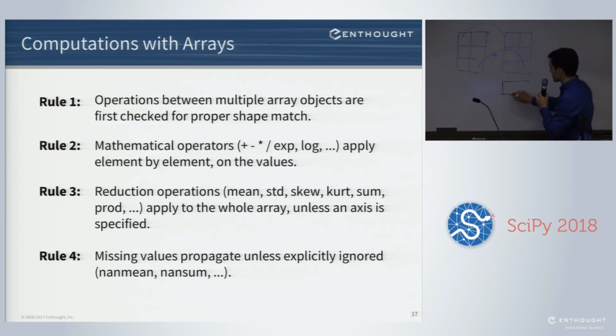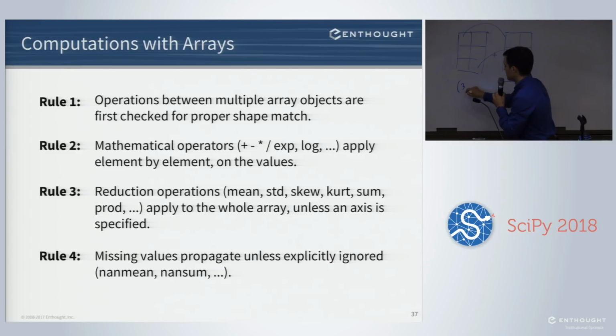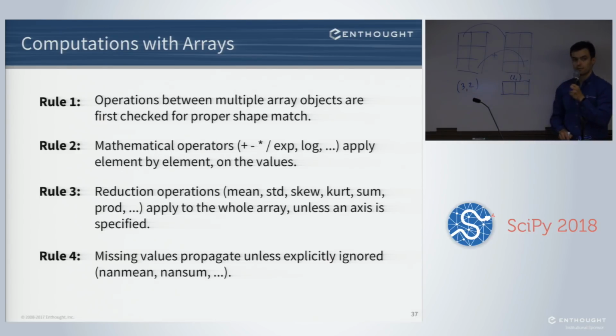Another array that's considered to be compatible is an array that has, what's the shape of this? 1 by 2. Yes. This is the part where it's kind of weird to draw on the board, but I'm considering this to be a 2 comma. So here's a 3 comma 2 and a 2 comma.